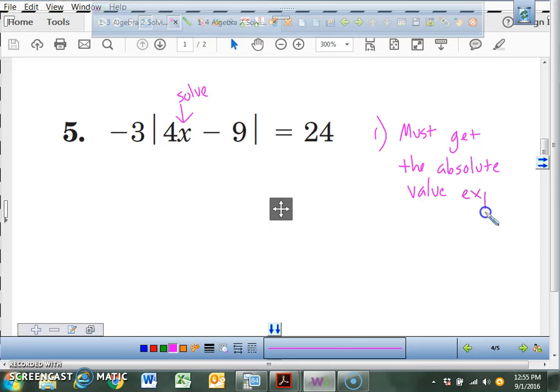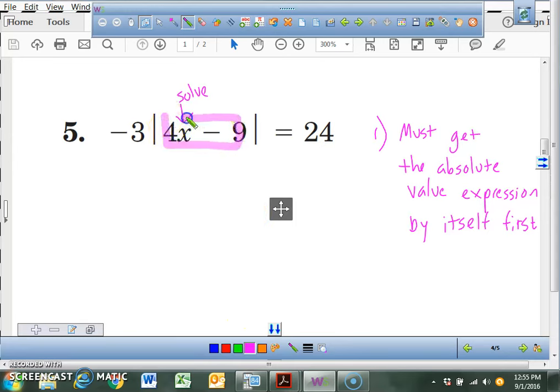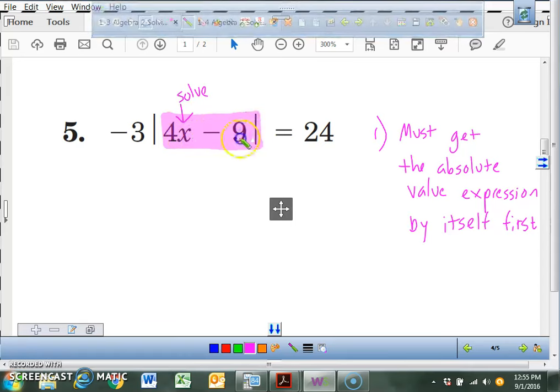And I'll highlight when I'm talking about the absolute value expression by itself. We have to get that by itself, where it's just all alone.